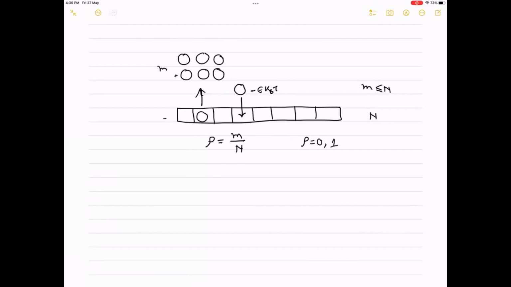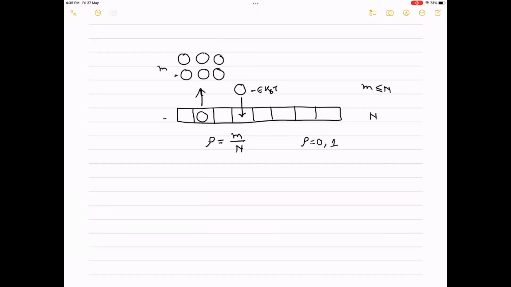Because we can arrange different proteins in different ways. Very good. So we can arrange m number of proteins on these n lattice sites in different ways. And energies for all of these configurations will be identical, right? Because the same number of proteins will be bound, and therefore the energies will be identical, but the arrangements will be different.